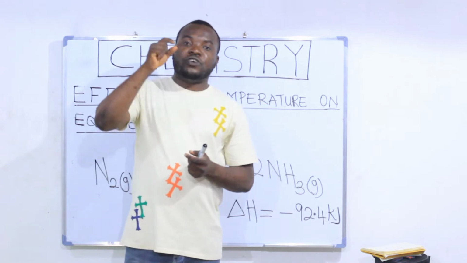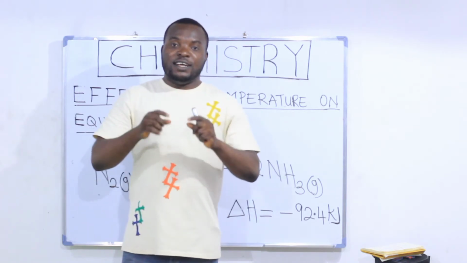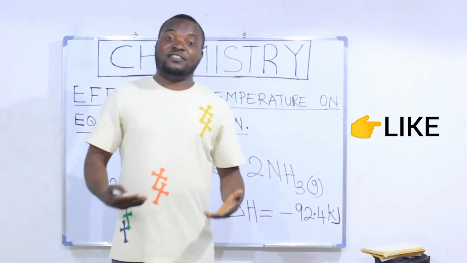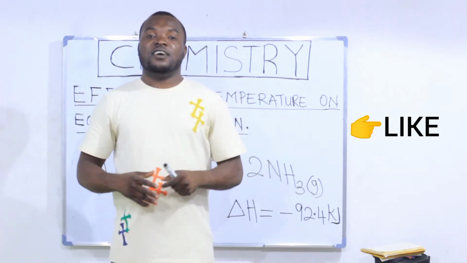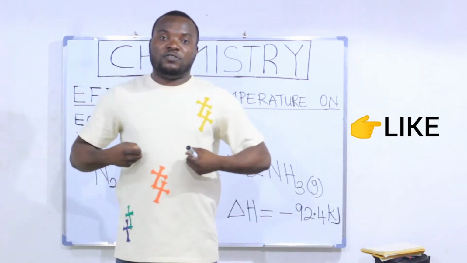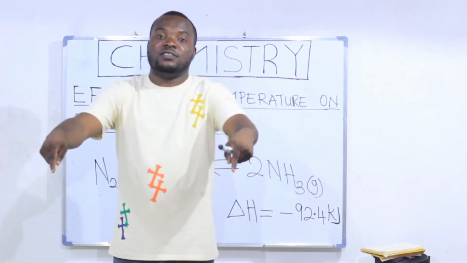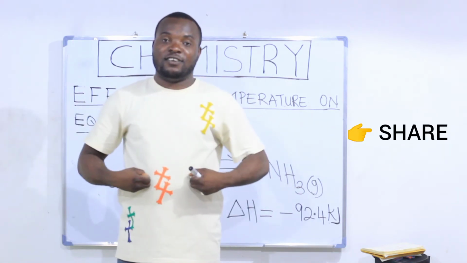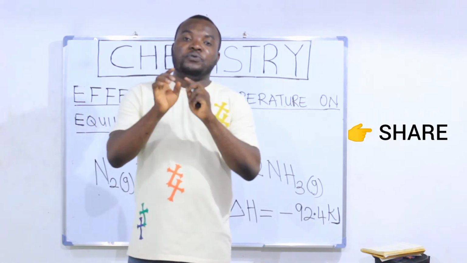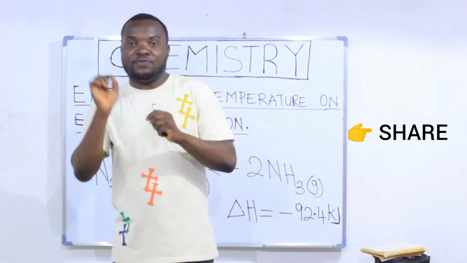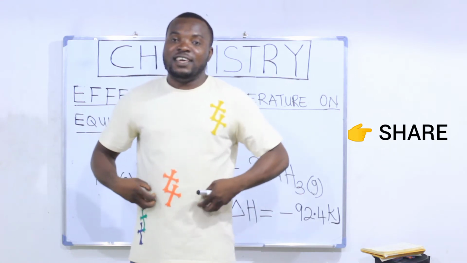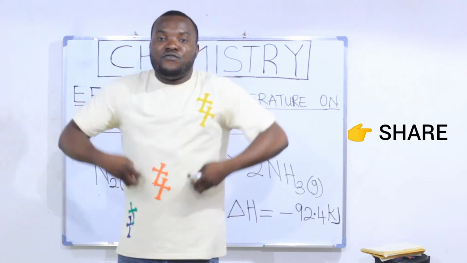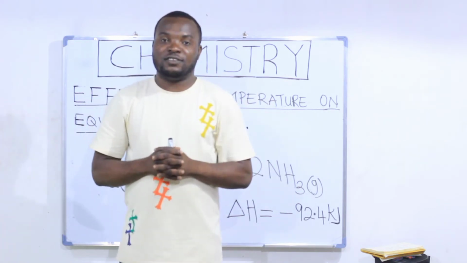When the enthalpy change of the reaction is positive, we say the reaction is endothermic, which simply means heat is absorbed from the surrounding to the system. That means the reaction absorbs heat. But when the enthalpy change of the reaction is negative, it simply means that heat is being evolved, or given out from the reaction into the surrounding.